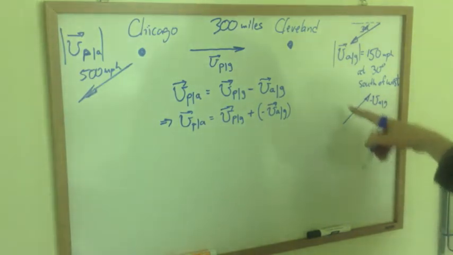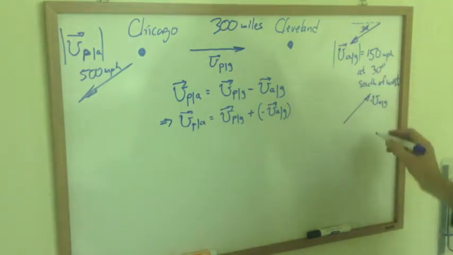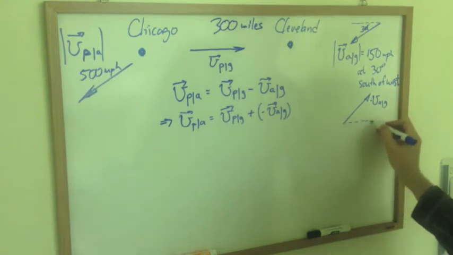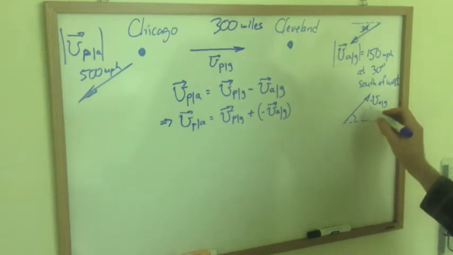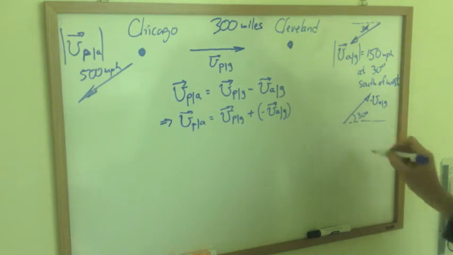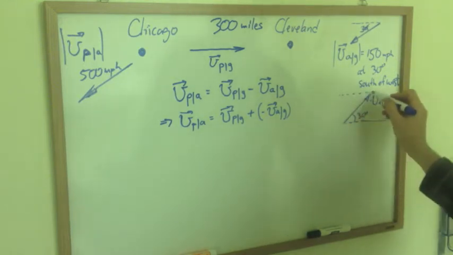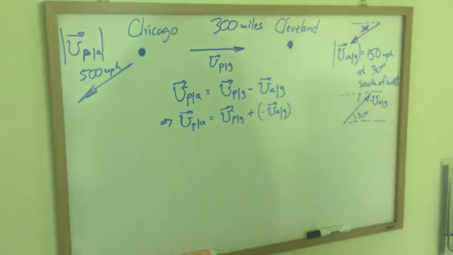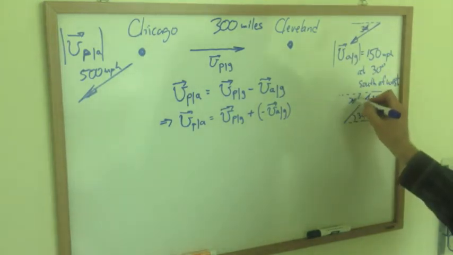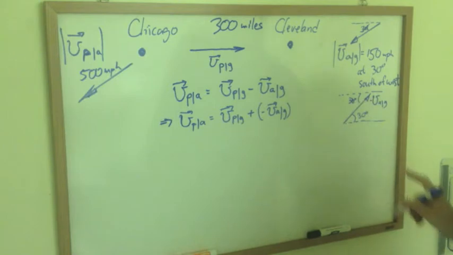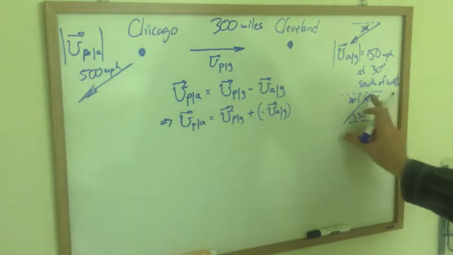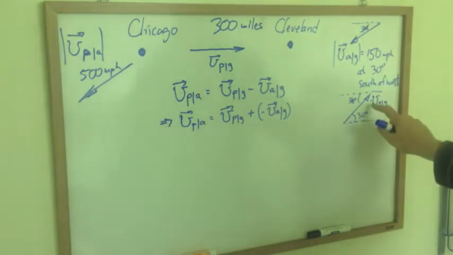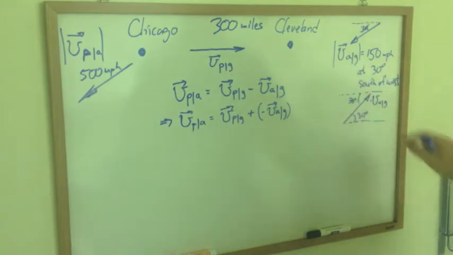It still has the same magnitude of 150 miles per hour, but it's going in the opposite direction. You can see equal and opposite angles from geometry. These are both 30 degrees. So there's our negative VAG, the negative of the velocity of the air over the ground.